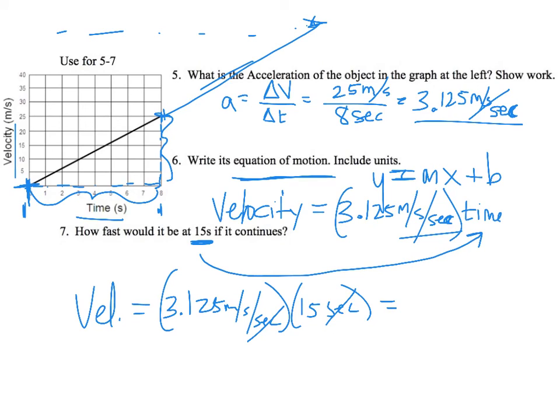So that means 46.875. I think I'm right on that. And that is meters per second, because again, that second goes away. That got canceled by this one. All right. 46.875 meters per second. There we go. Got that.